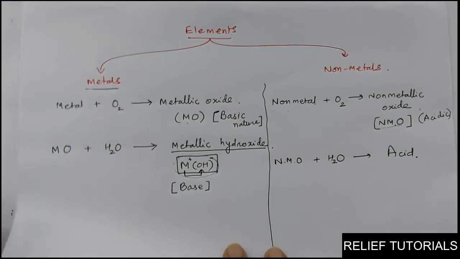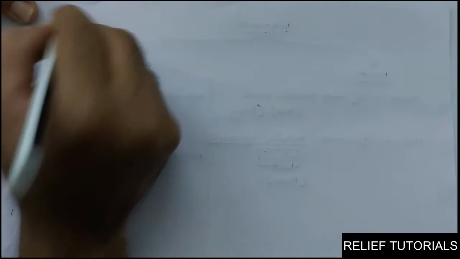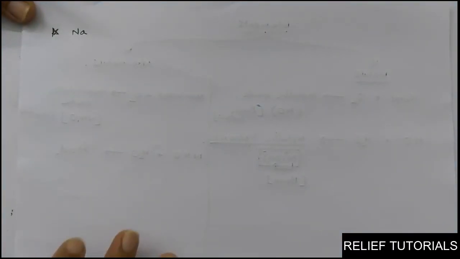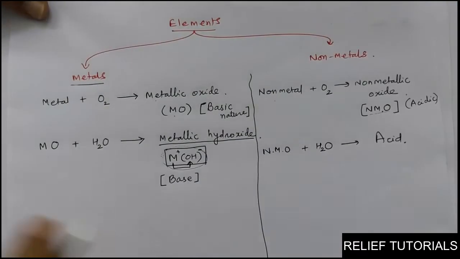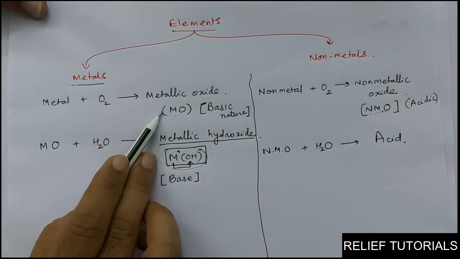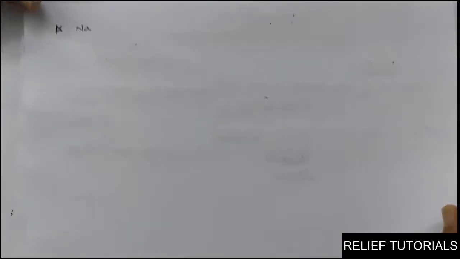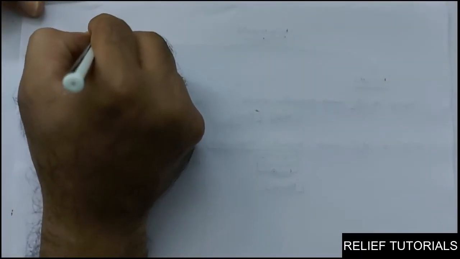Let's take some examples. Let us first form some base. Let us say sodium is the metal. First we have to react the metal with oxygen to obtain metallic oxide, and then dissolve that metallic oxide in water. So sodium reacts with oxygen first.